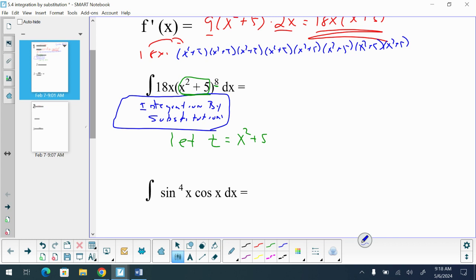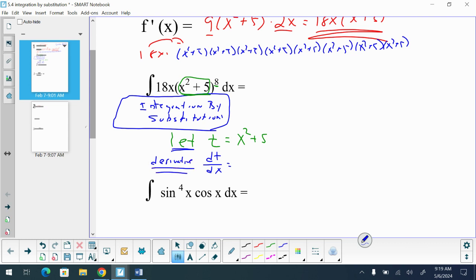The next step, once we figure out what we let t equal, is we take the derivative of t with respect to x. Once again, the dx on the bottom just tells us that's what we're taking the derivative with respect to. And once again, this is a derivative.